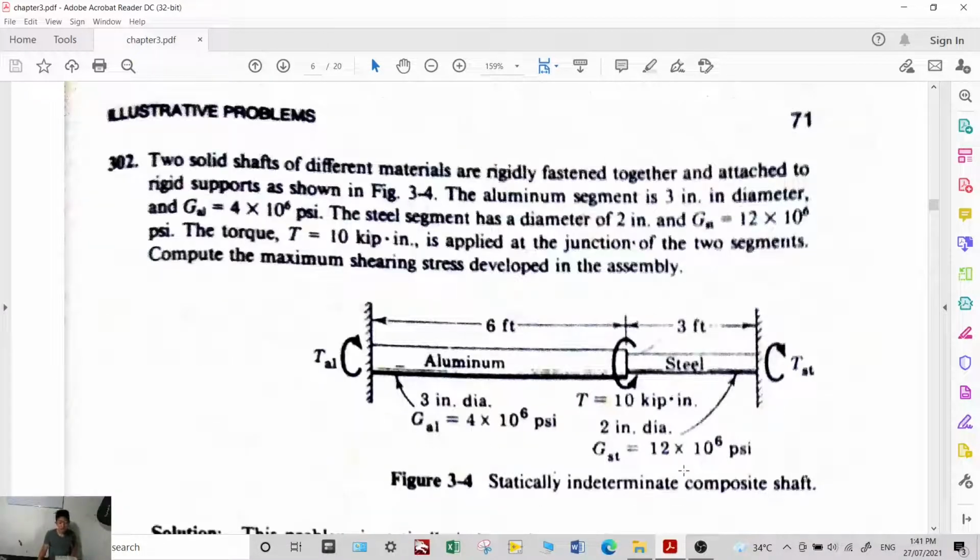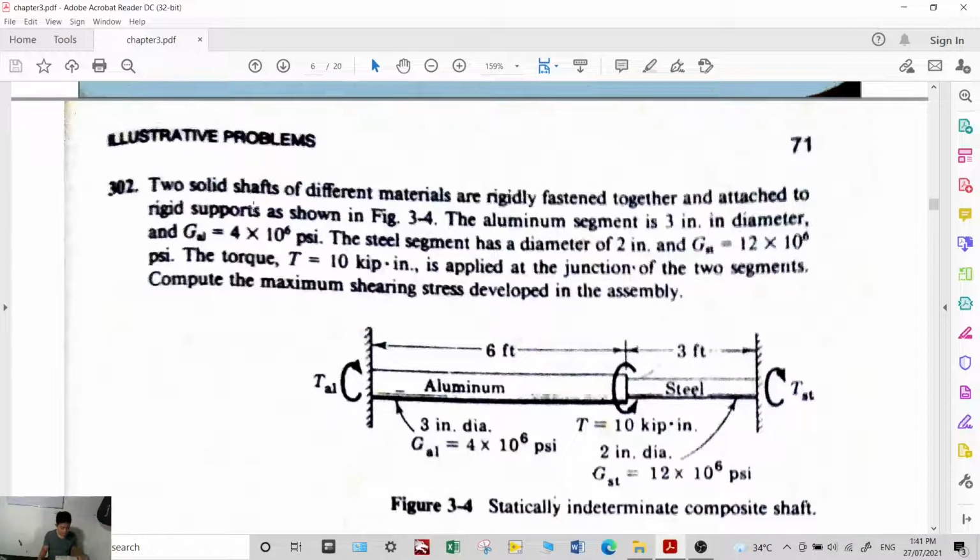Let's have an example in order to apply the equations that we've learned so far in determining the torsional stress of a circular shaft. Let's take example 302 in the book by Keitel and Singer. We have two solid shafts of different materials rigidly fastened together and attached to rigid supports as shown in the figure.